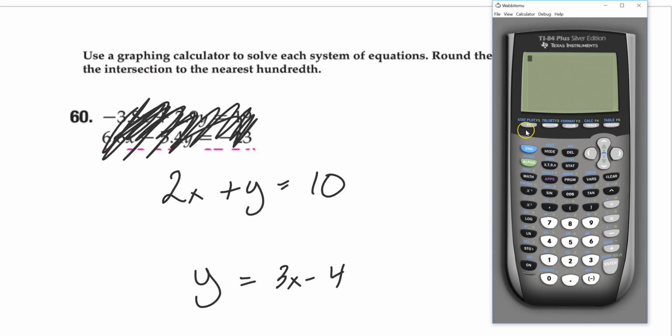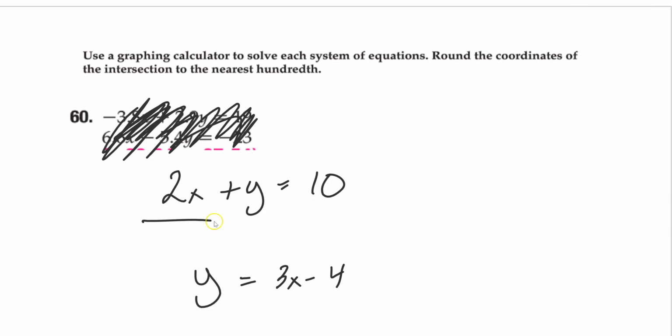So if I want to solve this, first thing I'm going to do is go to y equals. A couple of things I'll point out. If you notice there's a plot on right now, that's why it's dark. I'm going to turn that off. An easy way to turn it off is just highlight it and press enter. Notice that's not selected anymore, so my plot's not going to be on. That's from when we did scatter plots. Second, I'm going to clear this one out. Notice these all say y equals.